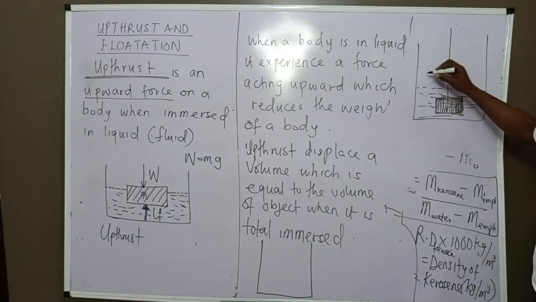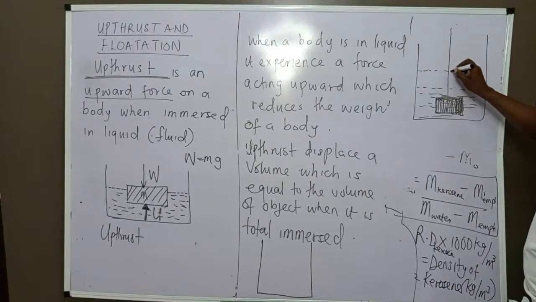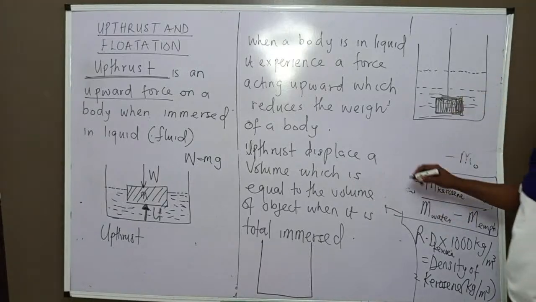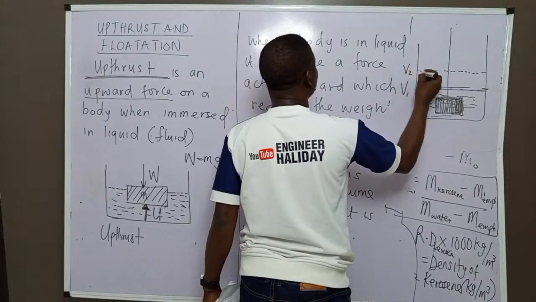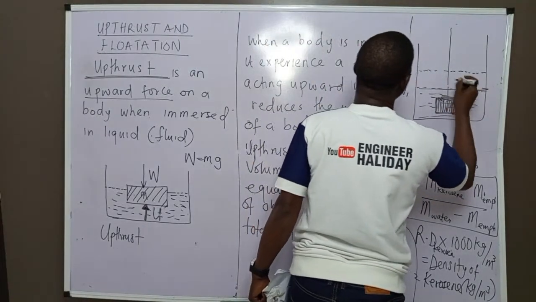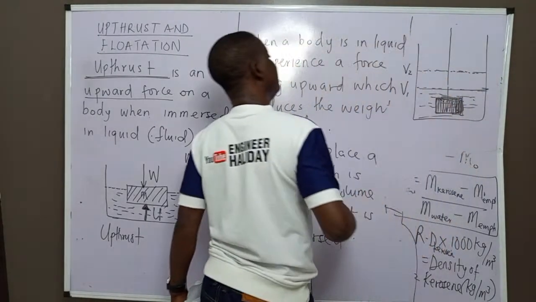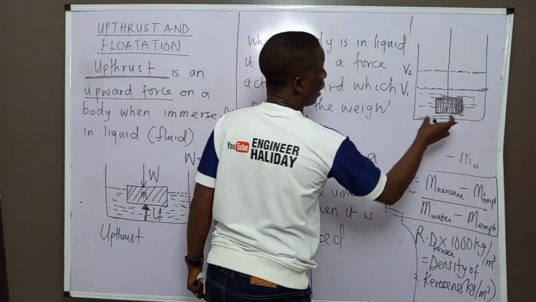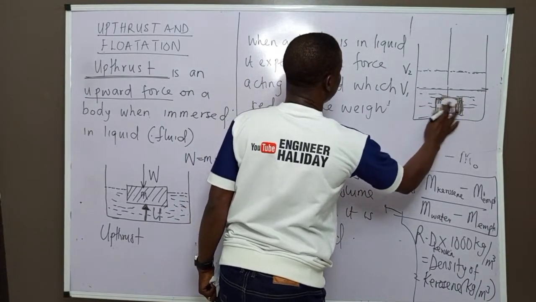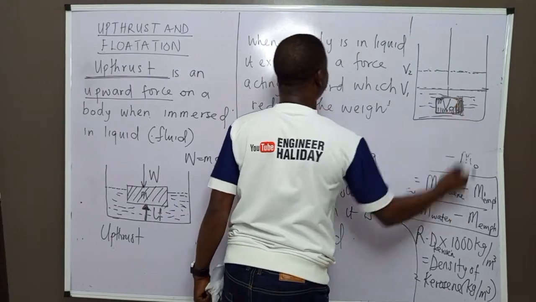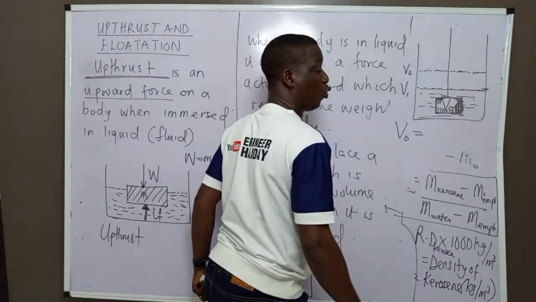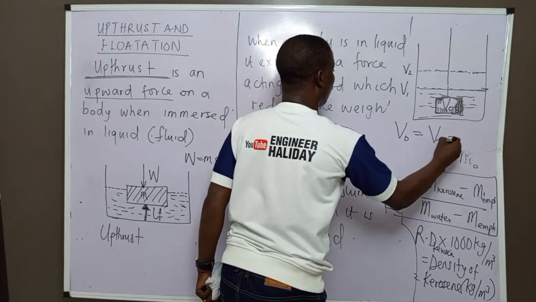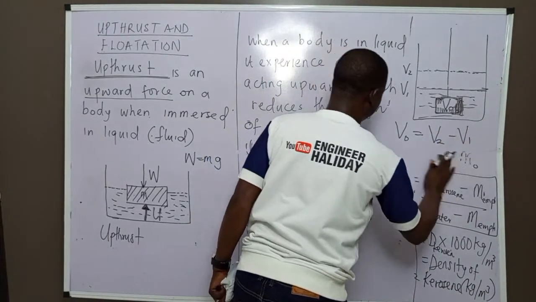Immediately it enters, there will be a rise, from V1 to V2. Now, if you want to calculate the volume of this object, let's say the volume of the object is V0. It will be equal to volume 2 minus volume 1.